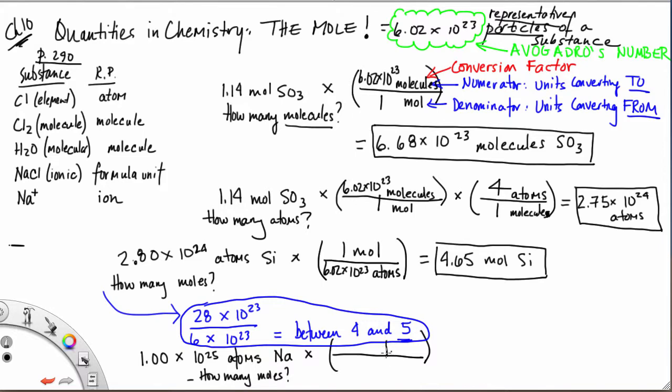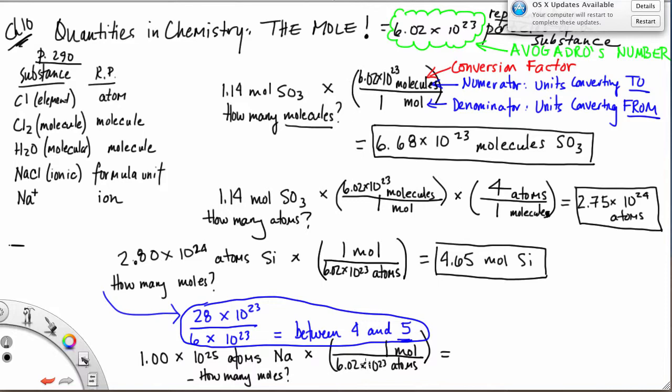We're converting to moles. 1 mole goes on the top, and there are 6.02 times 10 to the 23rd atoms in a mole. So again, we're dividing because we're multiplying by 1 over something.